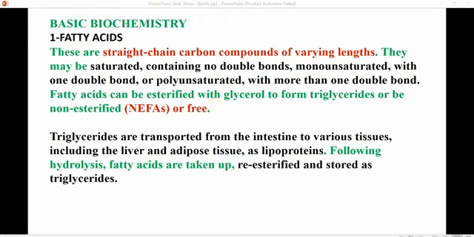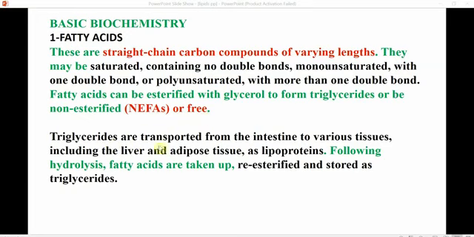Most of the lipids in the body are chemically esters, by esterification of these fatty acids with different types of alcohols. An example of these alcohols is glycerol, which is a trihydric alcohol, to form triglycerides, or the fatty acids could occur as free fatty acids or non-esterified fatty acids.